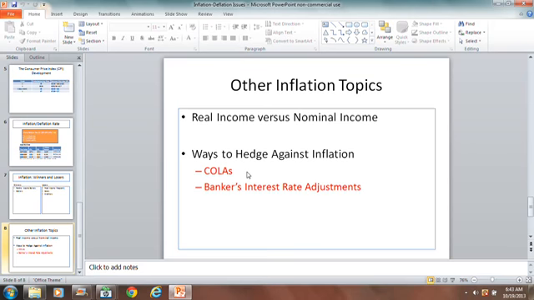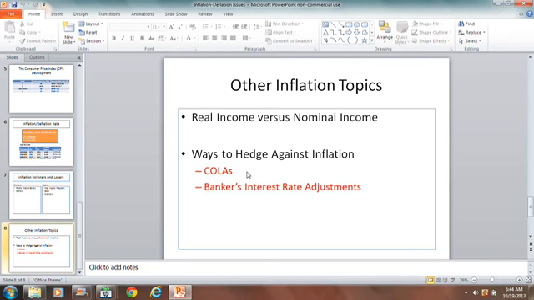So the COLA is designed to protect income from loss of purchasing power. And for those persons on fixed income that we alluded to earlier, one of the ways their vulnerability is reduced is that their fixed income gets linked to a COLA. And so as prices rise, their income will be adjusted upward and their purchasing power is preserved.